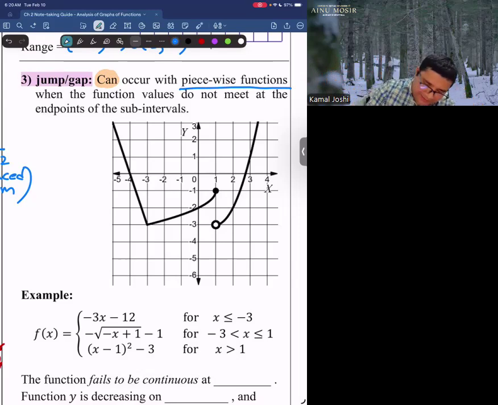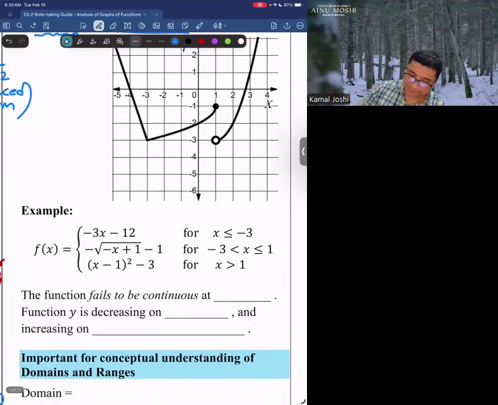Those are called the endpoints of the subintervals. The subintervals are the pieces of the domain, and if the graph does not meet at some endpoint, you get a discontinuous function.